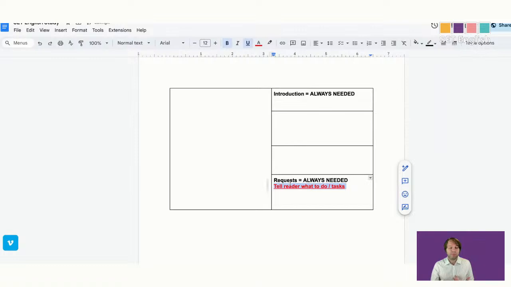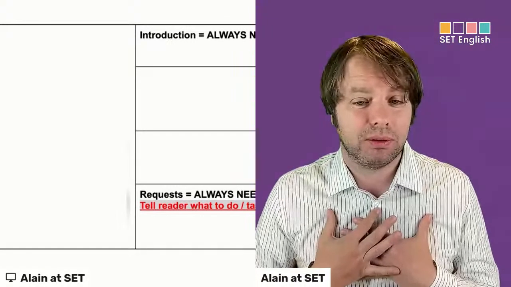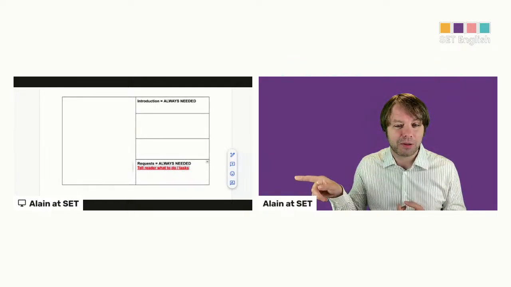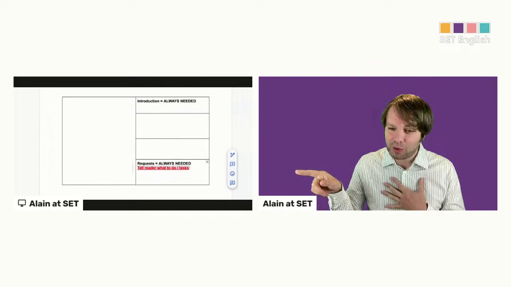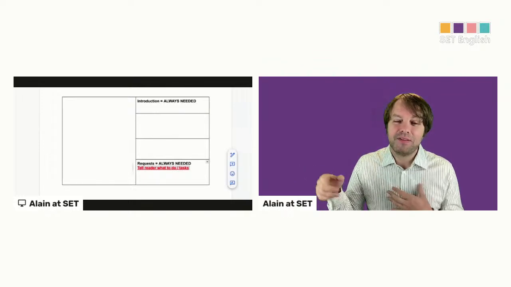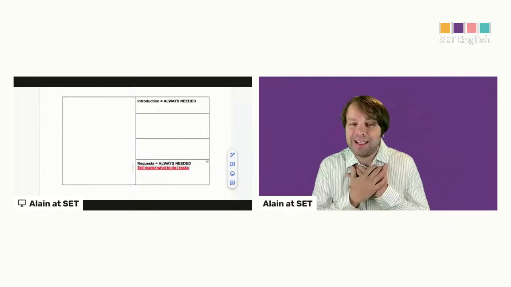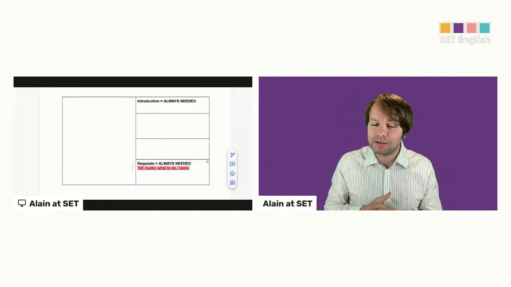Now, is there any situation where we would not need this? What do you think? Is it ever possible that you would not need this one? I think we always need it. You've got to tell the reader what to do, give some details, and I think it's always best to do that at the end of the letter, right?